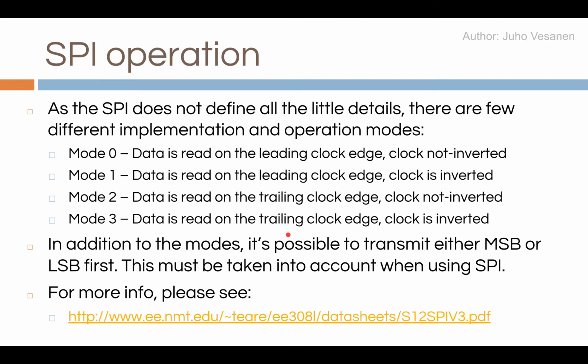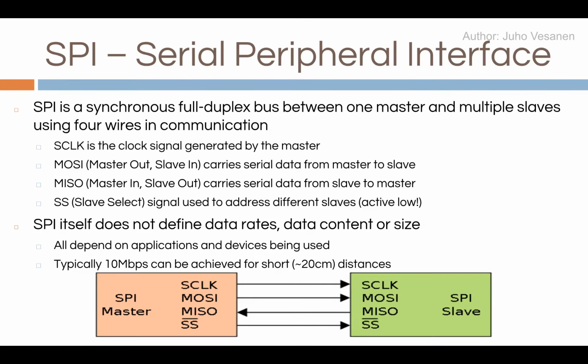And okay, in addition to the modes, it's possible to transmit either most significant bit first or least significant bit first. Okay, more considerations. But the good thing, why this is used, is 10 megabits per second easily using non-balanced lines up to 20 centimeters. So actually the speed limitation is only electrical.